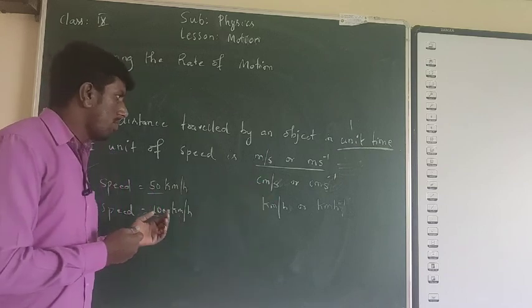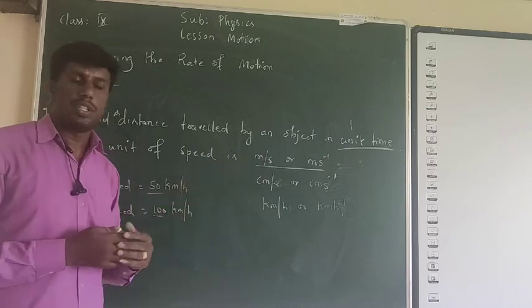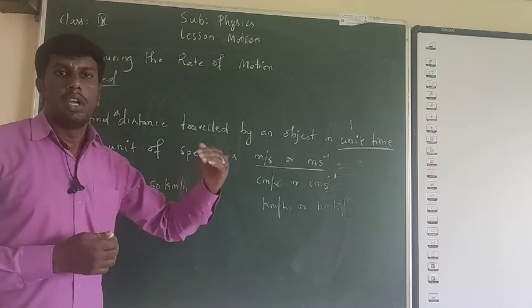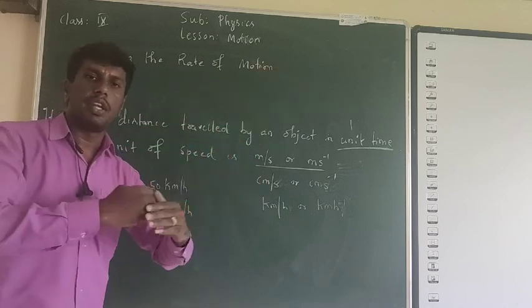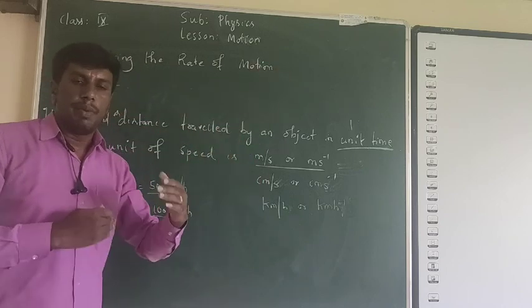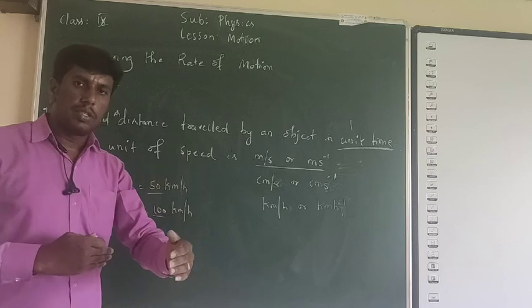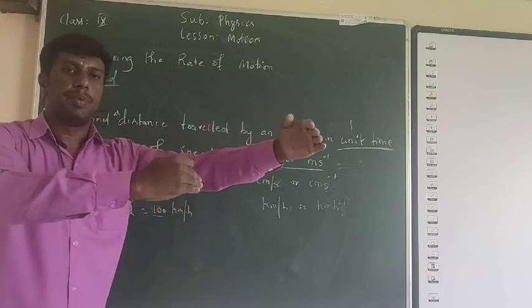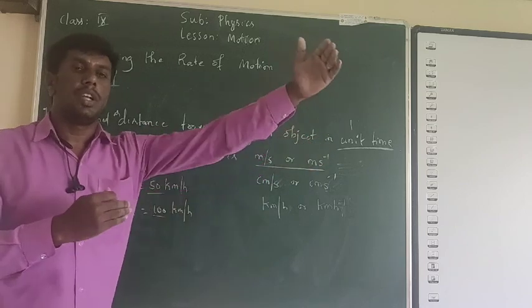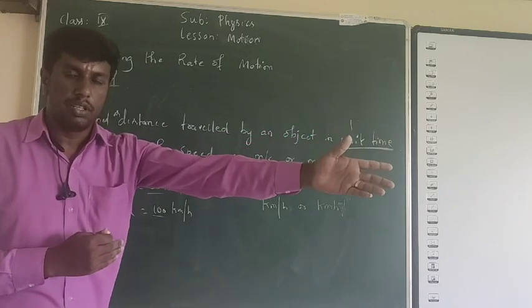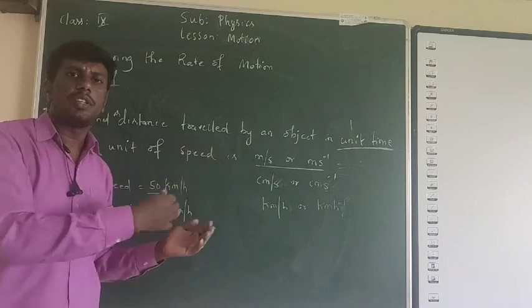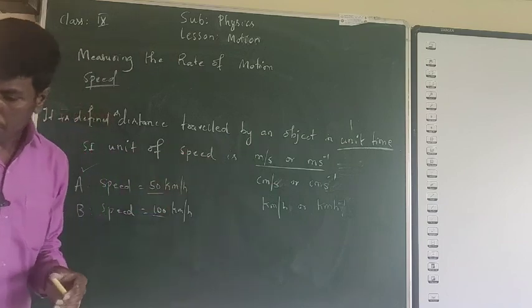So its speed is not like 10 km per hour, 10 km per hour, 10 km per hour. It may go at 10 km per hour in this time interval, change its speed in the next interval, and slow down again in the next interval. So it is changing because it is a non-uniform motion, right?